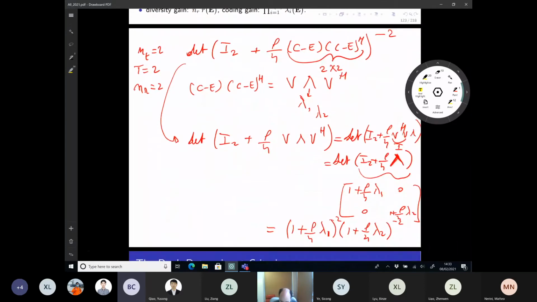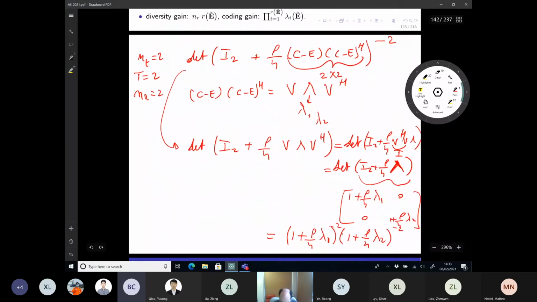Now what you see here, I have two eigenvalues of this error matrix E tilde. I have at most two non-zero eigenvalues, right? So if one of those two is equal to 0, then one of those terms disappears. Now let's imagine I'm looking here at high SNR. So at high SNR, what will happen?